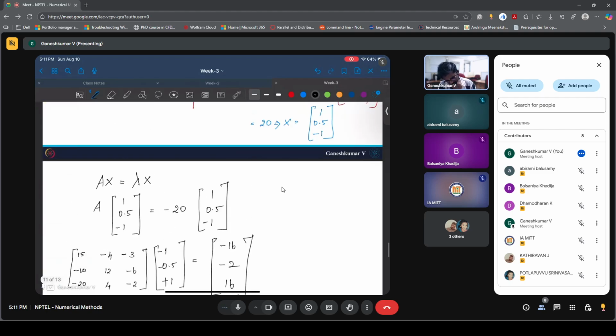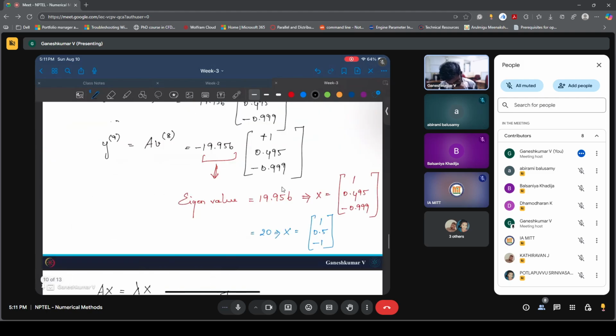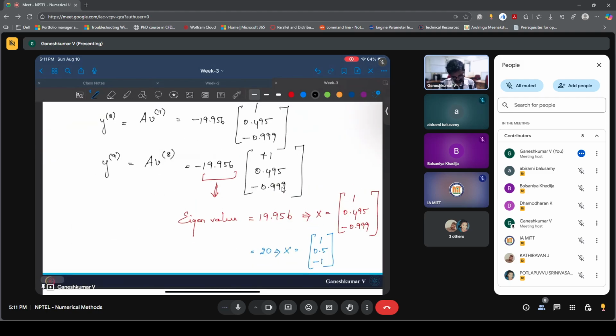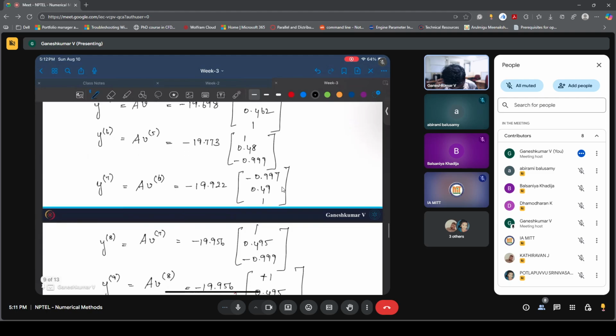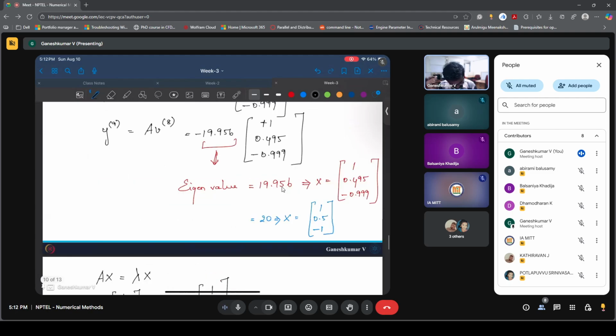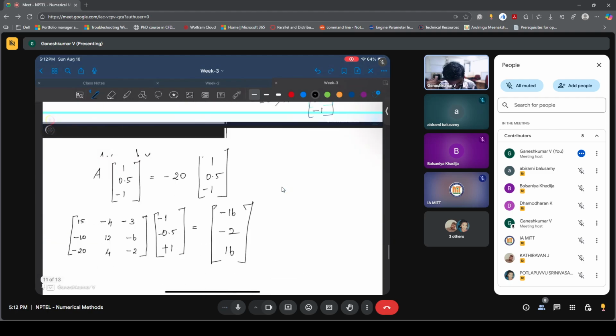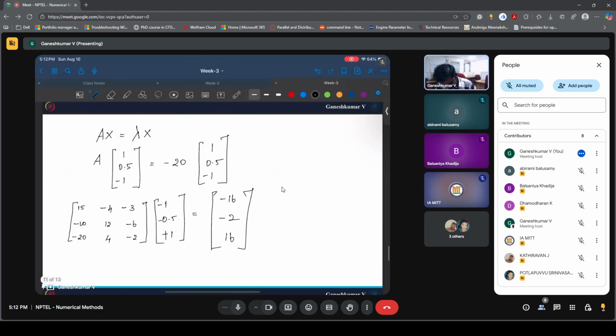I think I have missed something here. Did I write these numbers right? Whether I take 20 or minus 20, none of them is matching. One second, just give me a minute.